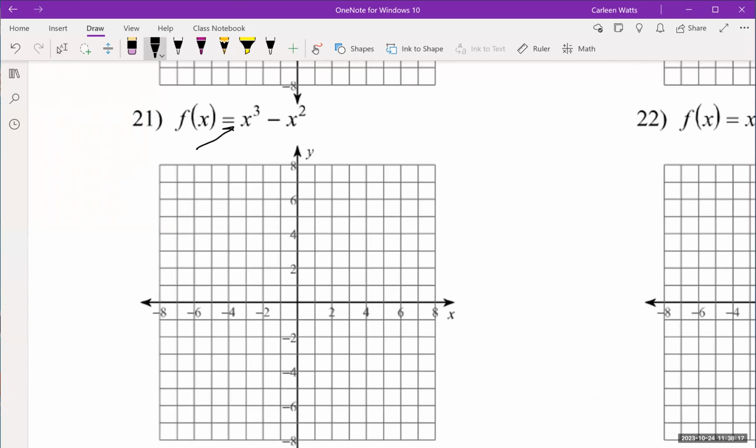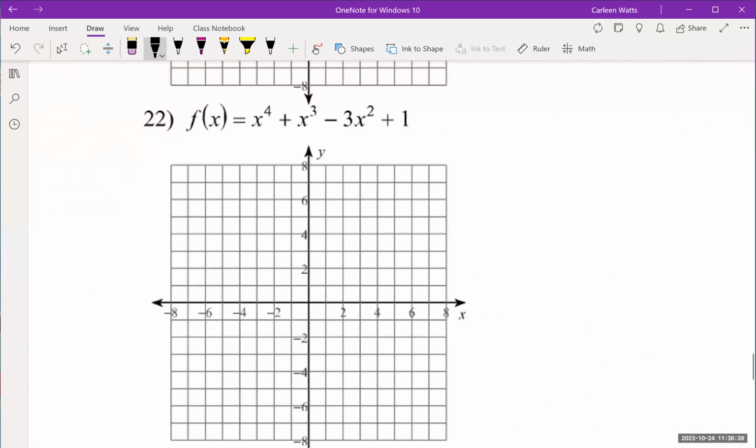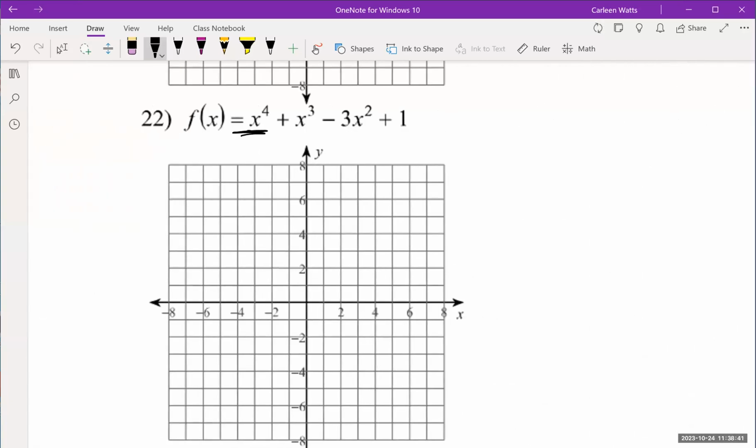Okay, notice the lead term is positive. So it looks like that. Lead term is positive. Doesn't matter the other terms. Lead term, most powerful term. X to the fourth.